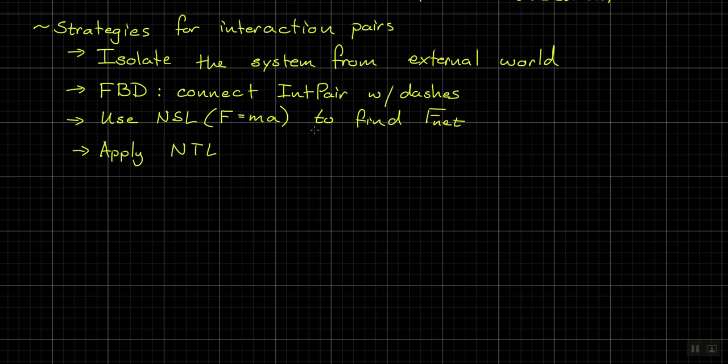F of A on B is equal to F of B on A. We make sure that we can just connect those. Maybe it would be helpful if I write it: F of A on B is equal but opposite to the force F of B on A. All right. Cool.